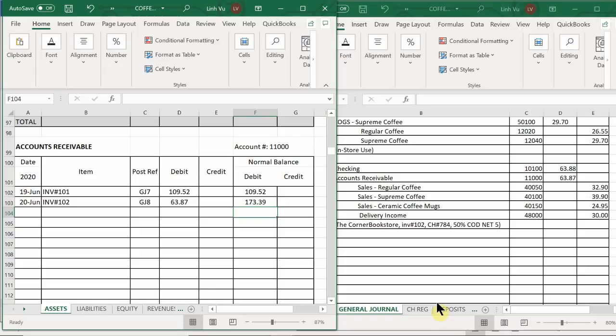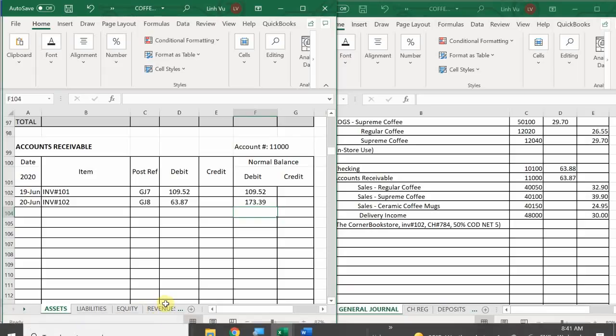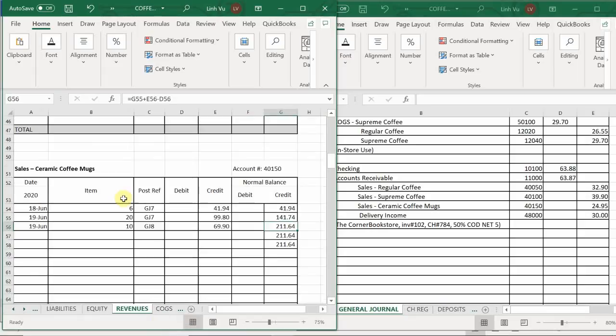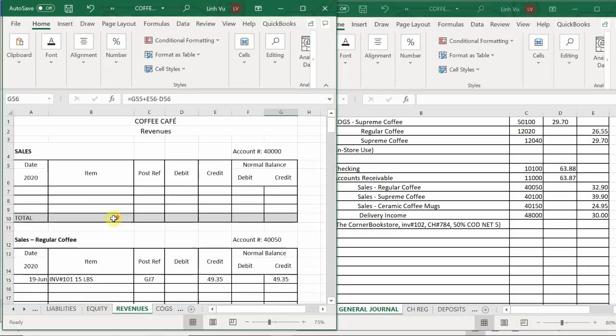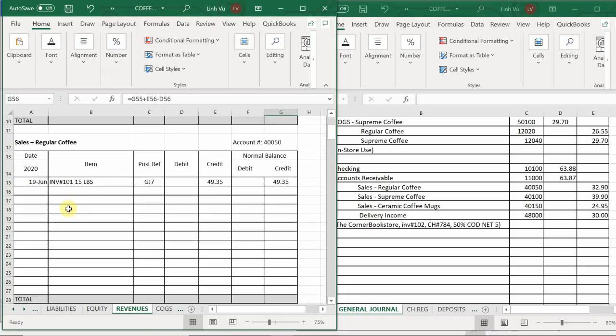Then we're going to list our sales, under revenues. We're going to put the date, 6/20, and the invoice number, was it 102? How many pounds did I sell?